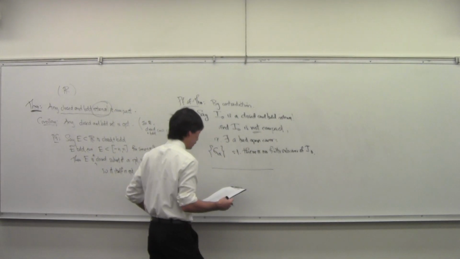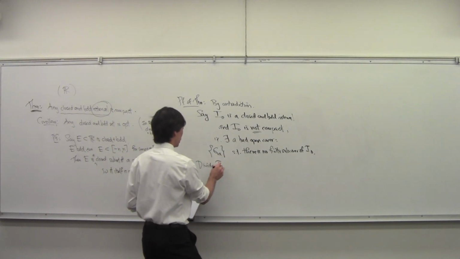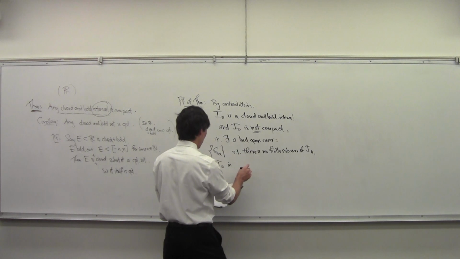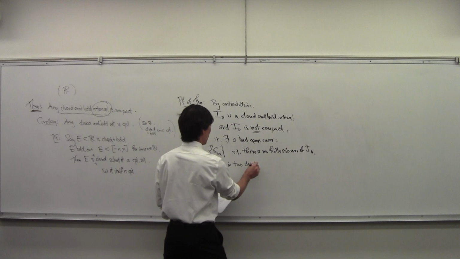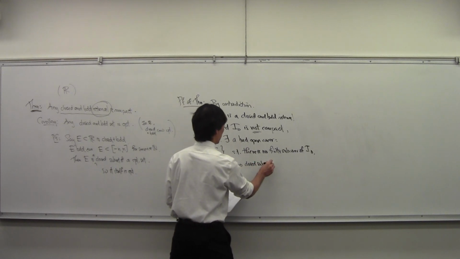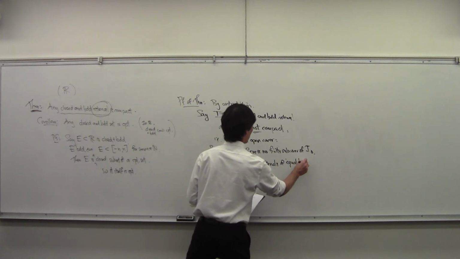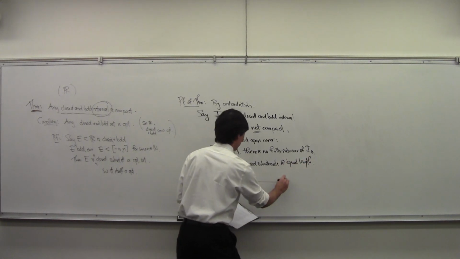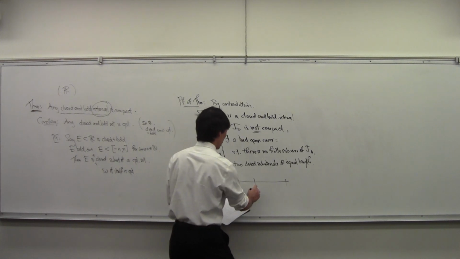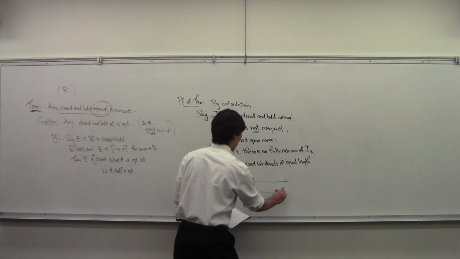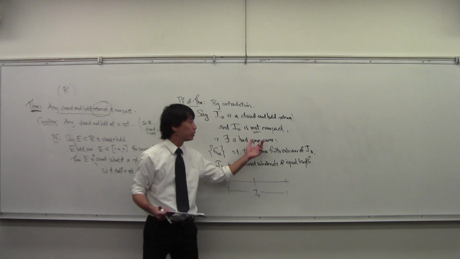Okay, so now we do something funny. We take I naught and divide it into two closed subintervals of equal length. So here's your I naught, and you divide it into two subintervals.